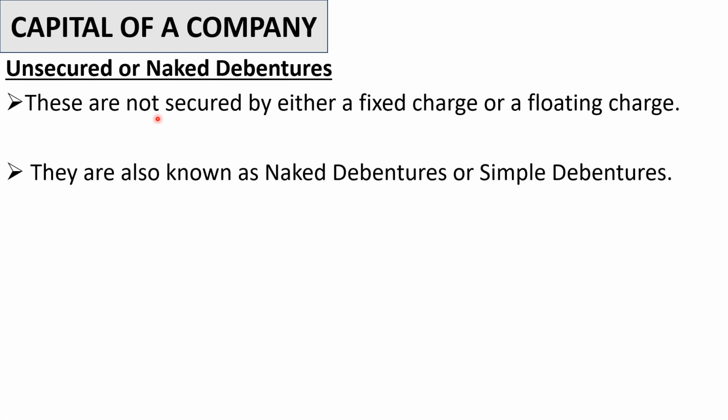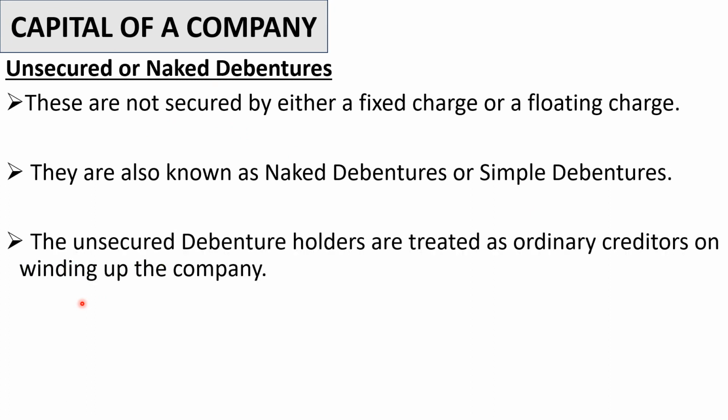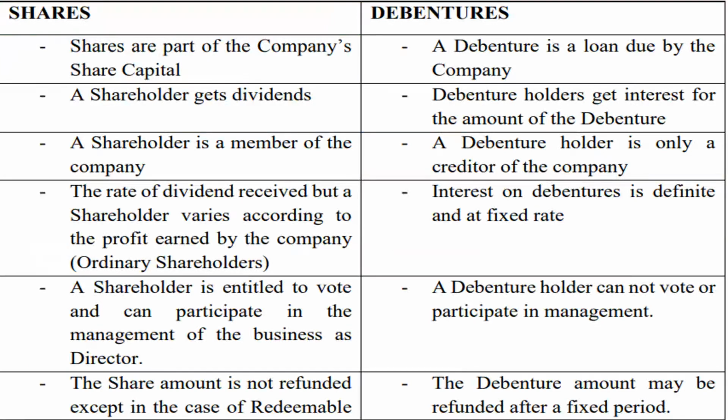So unsecured, naked, simple, they are the same types of debentures. Unsecured debenture holders are treated as ordinary creditors on winding up of the company. So I hope it's clear.